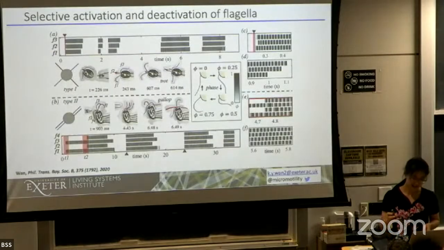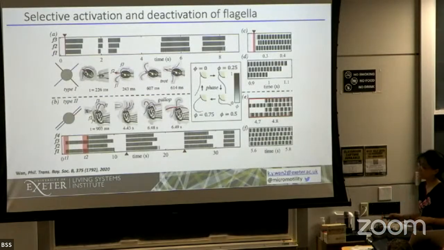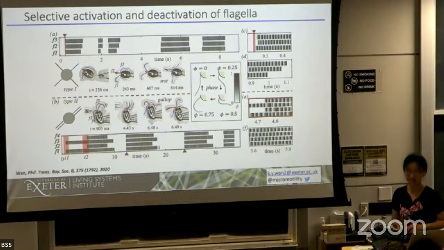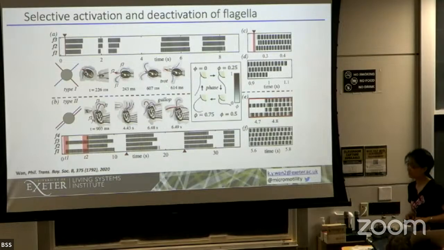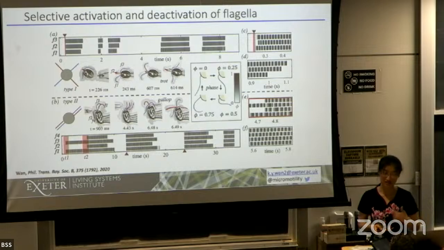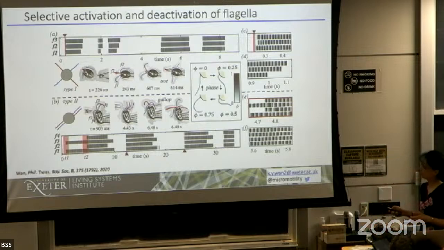And this slide here is just a summary of one of these experiments where, if you watch that cell from the side, you can only keep track of 3 out of the 4 appendages because the other one is on the other side. And then you can, again, keep track of the phase, just like the theoretical study did with the phase oscillators. You keep track of phase during a typical cycle, and then you can see that there are oscillations which stop and start and stop and start.